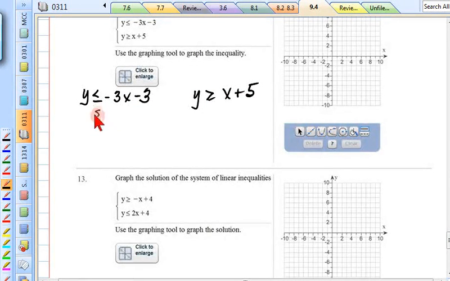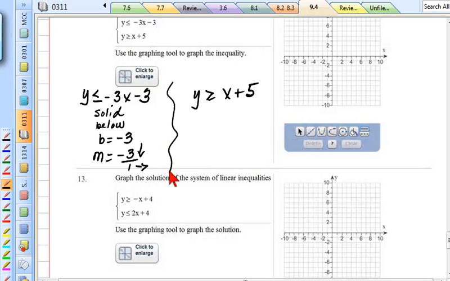Solid. Above or below? Below. Where will I begin? -3. The slope is also -3, but put it over 1, down 3, right 1. And I will do that in blue.